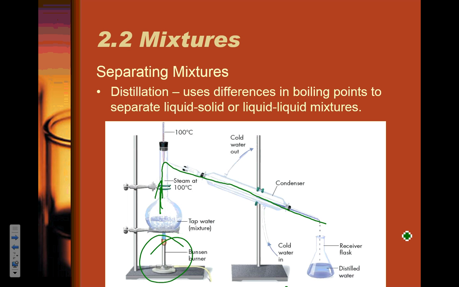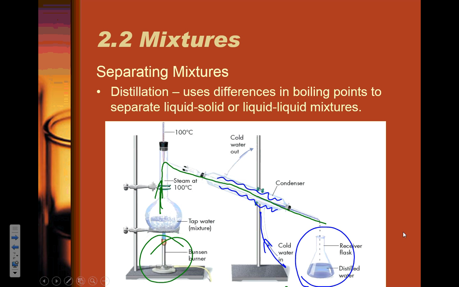In this case, we have cold water coming into our condenser here, and the liquid coming inside isn't connected to the inner tube that goes all the way through the condenser. So it makes a jacket of water around it. As this fills up with water, that cool water will condense the gases that come down through, converting them back to a liquid so it can be collected over here.